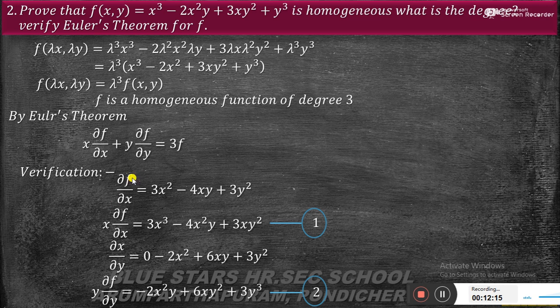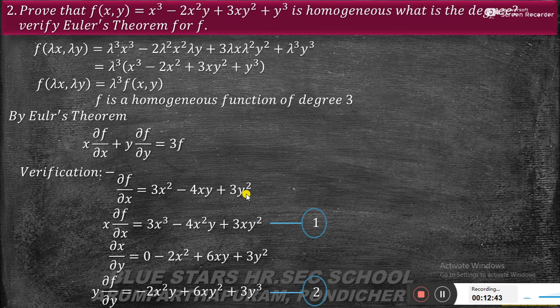First I calculate ∂f/∂x. Here f = x³ − 2x²y + 3xy² + y³. Now I differentiate with respect to x. So ∂f/∂x = 3x² − 2y(2x) + 3y², since the differentiation of x³ is 3x², of x² is 2x, and of x is 1.